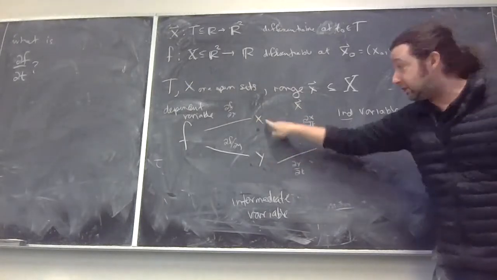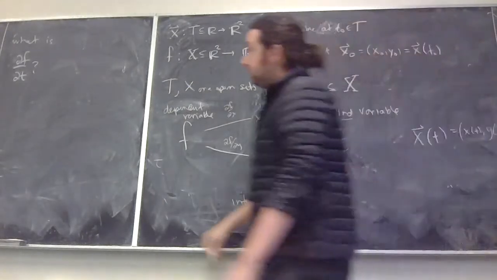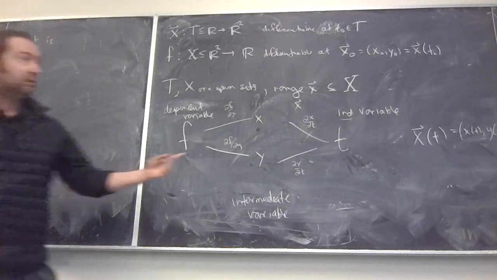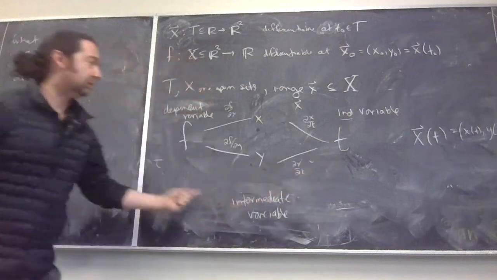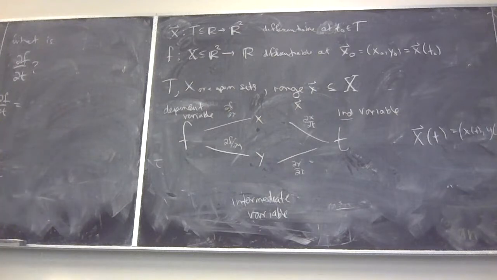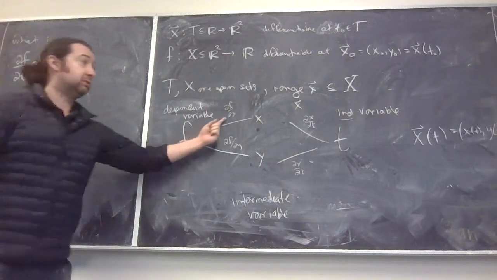As t changes, these both change. So the way that you write this down is going to give us the pattern that we're going to use to construct the large versions of this. Every pathway from the independent variable to the dependent variable contributes to the partial derivative with respect to that variable. There's one pathway that runs through x.